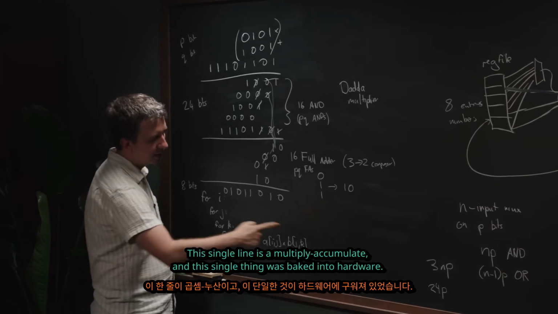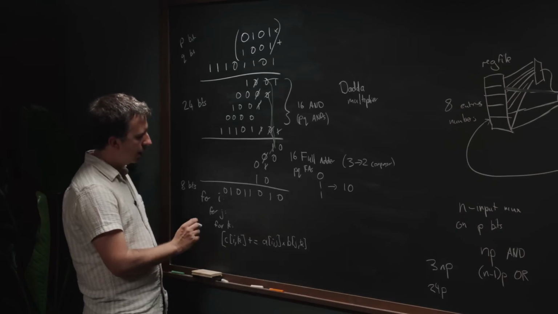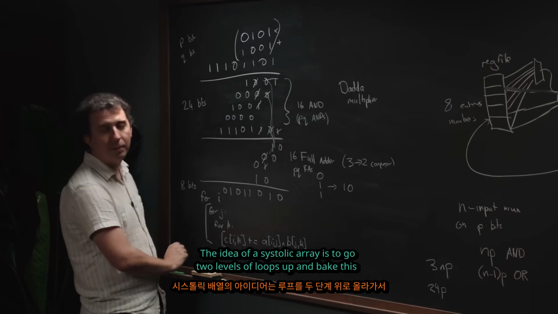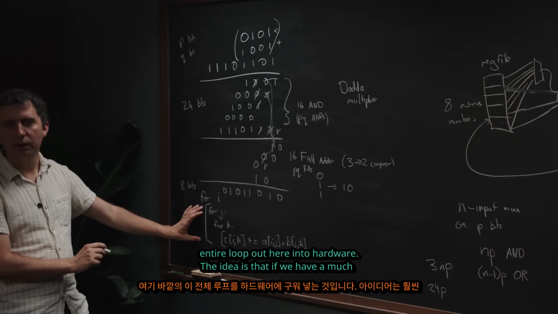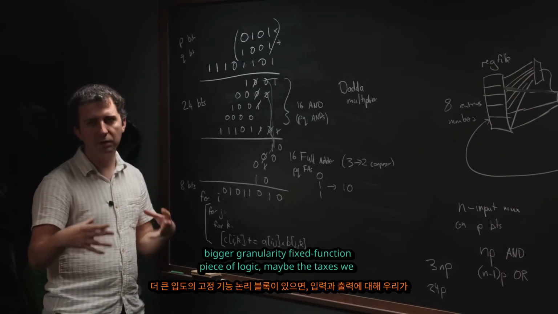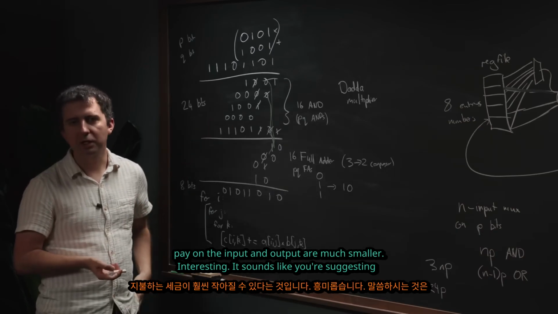This single line is a multiply accumulate, and this single thing was baked into hardware. The idea of a systolic array is to go 2 levels of loop up and bake this entire loop into hardware. The idea being that if we have a much bigger granularity fixed function piece of logic, maybe the taxes we pay on the input and output are much smaller.